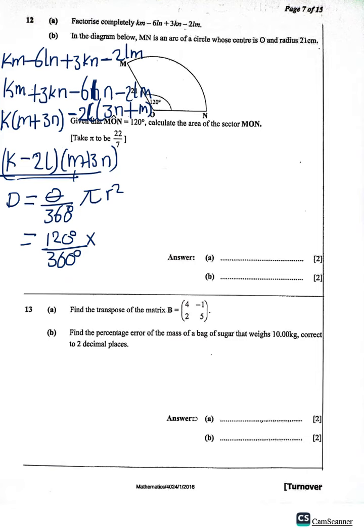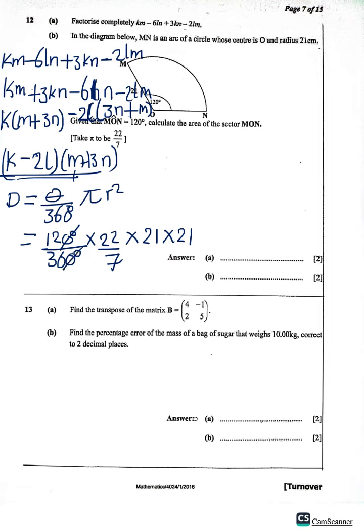The given pi according to the question is 22 over 7 times our radius is 21 times another 21. So let's see how we can simplify this question. So let's cancel this 0.